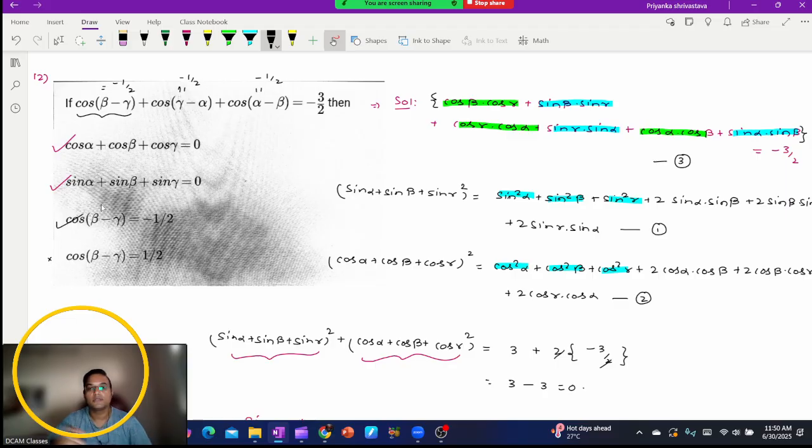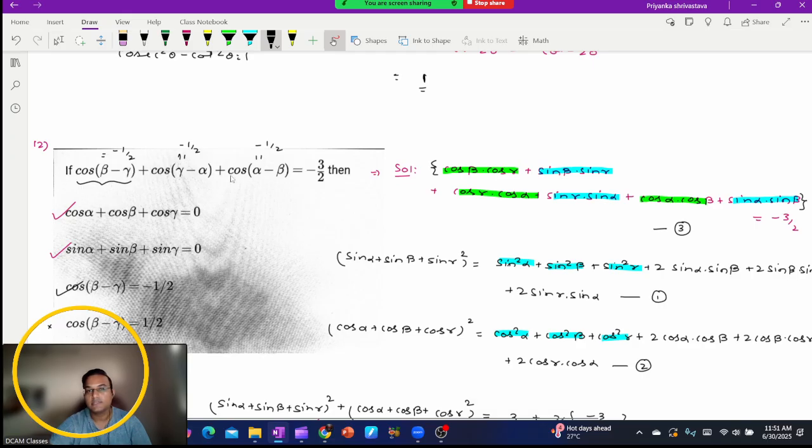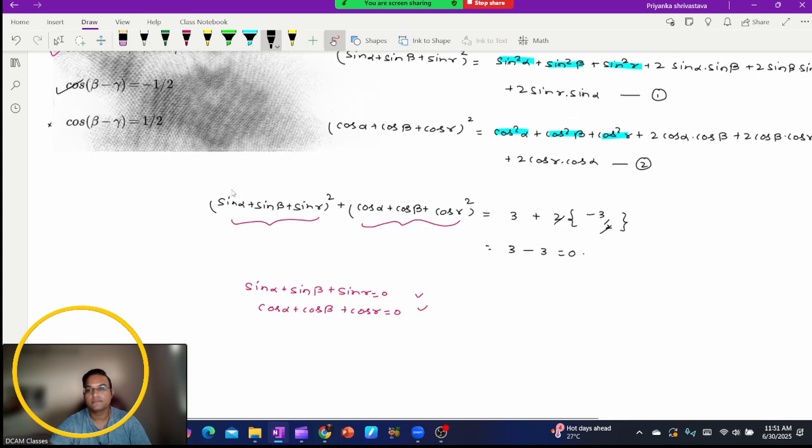So the third option is also correct. Just observing the equation, because here sin alpha plus sin beta plus sin gamma is equal to 0, this square is 0, and this can be possible only if every term is 0. That means each has to be equal to minus half. Okay, solve the next one.